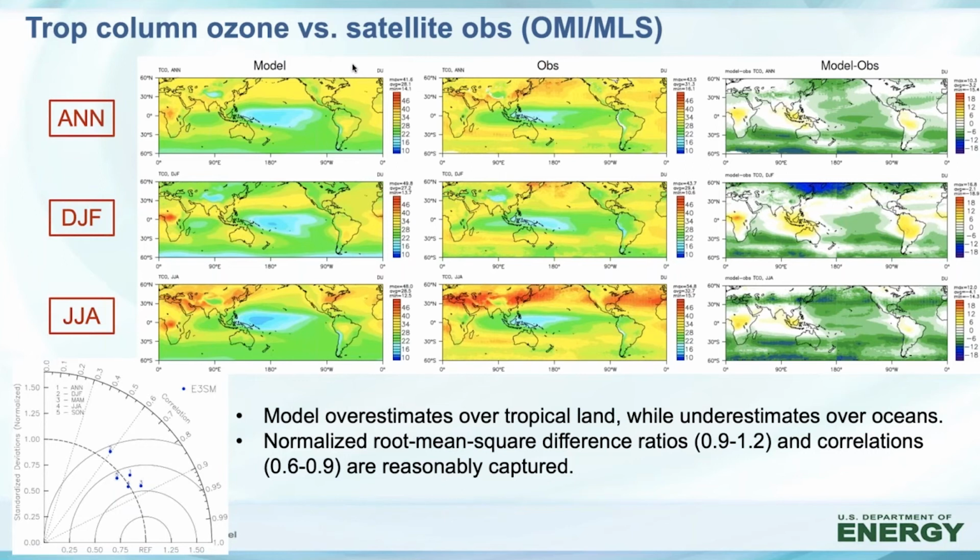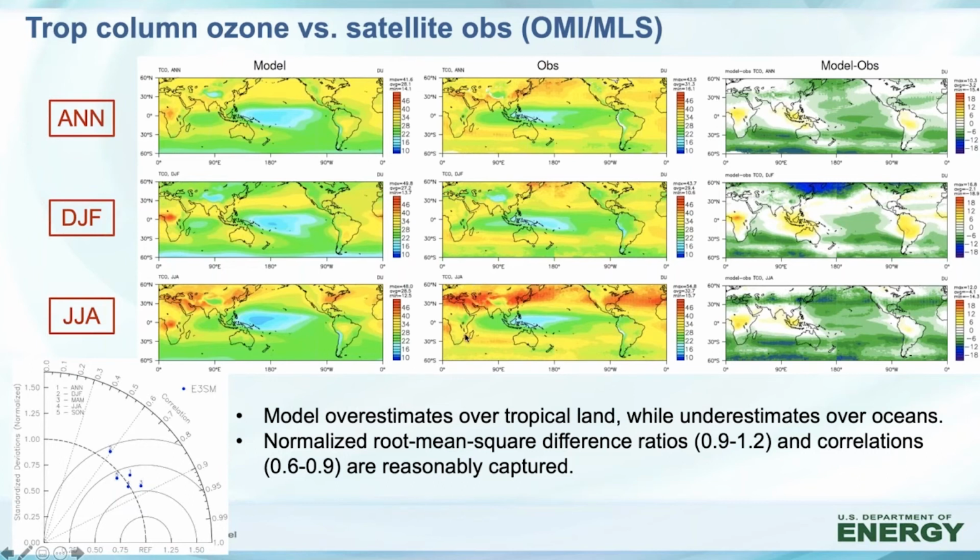Showing here is the tropospheric column ozone versus the satellite observations derived from OMI and MLS data. So the annual mean of the model, annual mean, DJF and the JJA means of those 10 years, comparing the model on the left, observations in the middle, and the difference on the right, shows a reasonable comparison between the model and the observations.